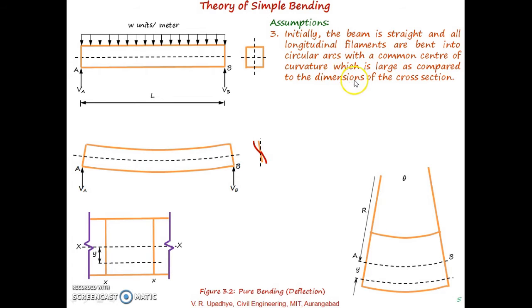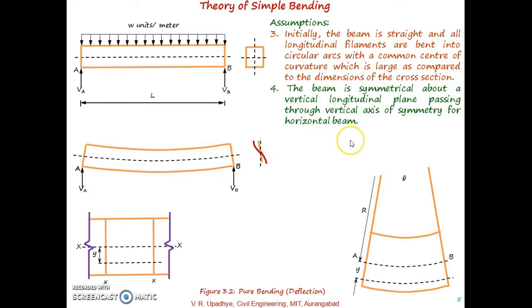All longitudinal filaments are bent into circular arcs with a common center of curvature, which is large as compared to the dimensions of the cross section. If we consider the depth of the cross section, the radius of curvature is very long.